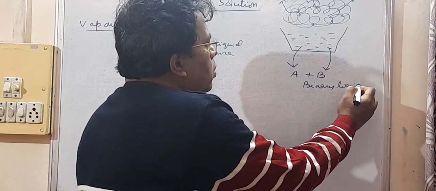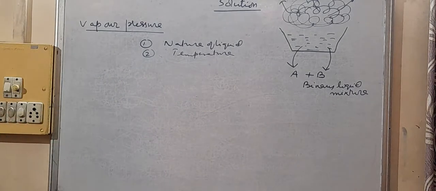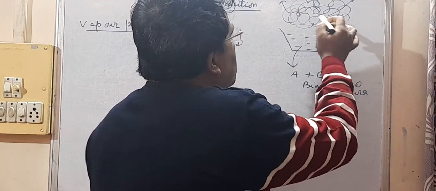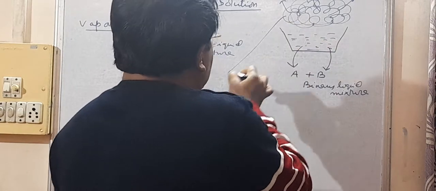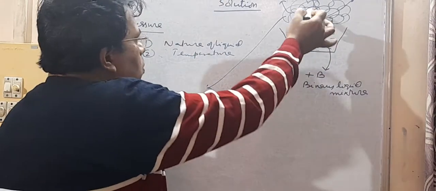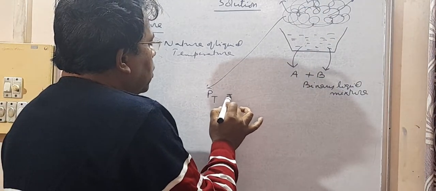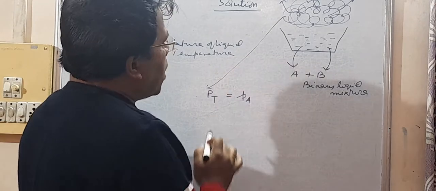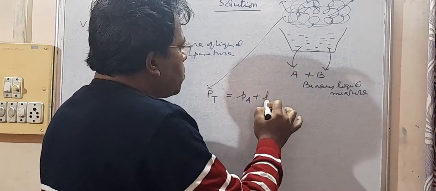Then this vapor will be made up of A as well as B. So if the total pressure due to A and B is PT, then PT will be equal to the pressure due to A, called the partial pressure of A, plus the pressure due to B, that is the partial pressure of B.